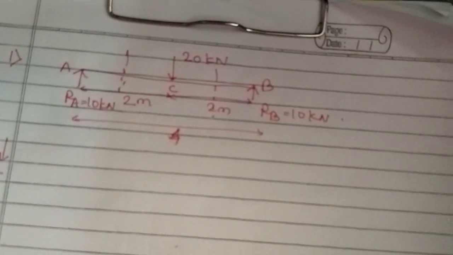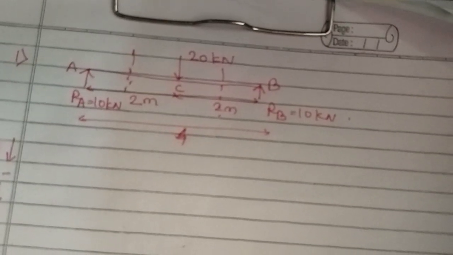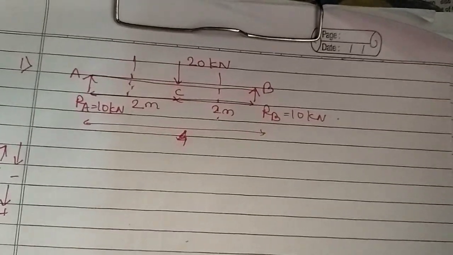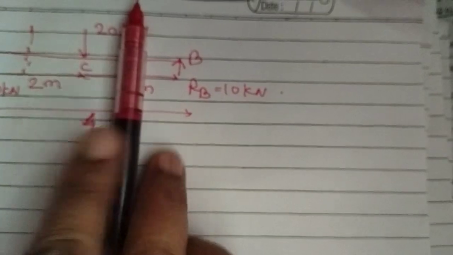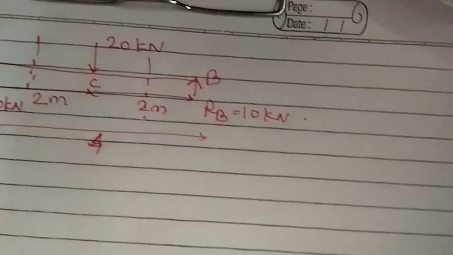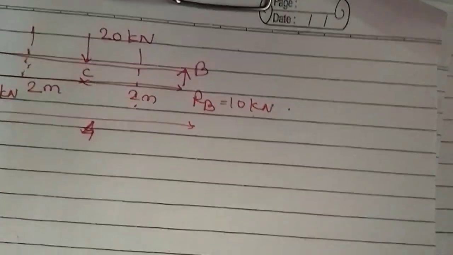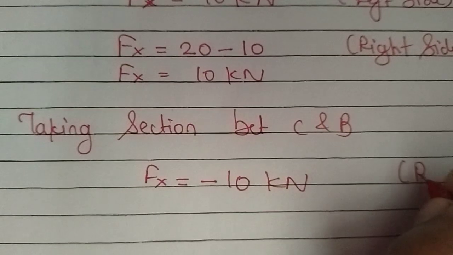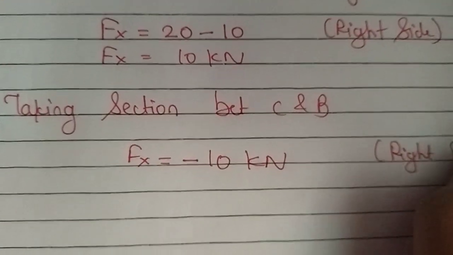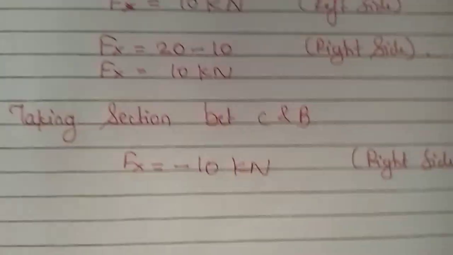If you consider the right side, Fx will be equal to... Now when we consider the right side, upward is taken as negative and downward is taken as positive. So as we are considering the right side of the section and the force is going upward, on the right side upward is negative, therefore Fx will be equal to 10 kilonewton. Understood? As we have considered the right side of the section.